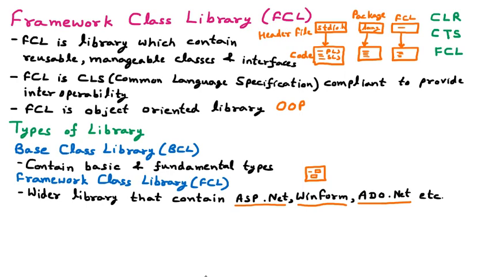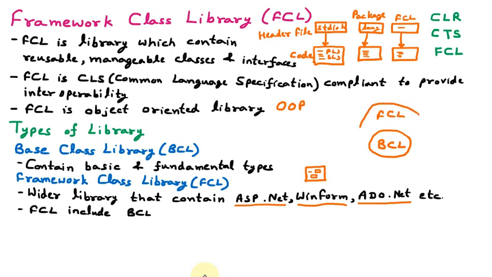Now the important thing is that FCL also includes the BCL. We know that BCL stands for Base Class Library, and this is the capability and power of BCL. Above that we have the FCL. So FCL is the superset which contains the BCL inside it.